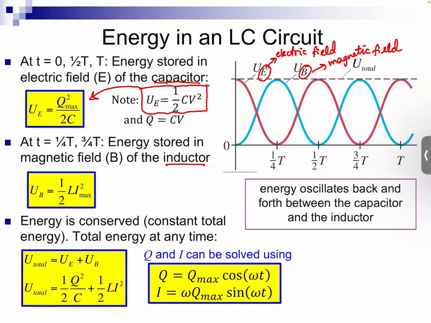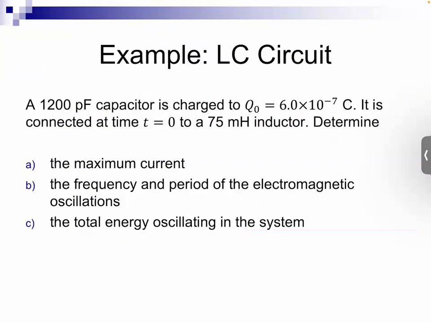Okay, so are we happy with the concept of the LC circuit? It's essentially energy being shared by the inductor and the capacitor. Now let's look at an example. You have a 1200 picofarad capacitor. Pico is 10 to the minus 12.